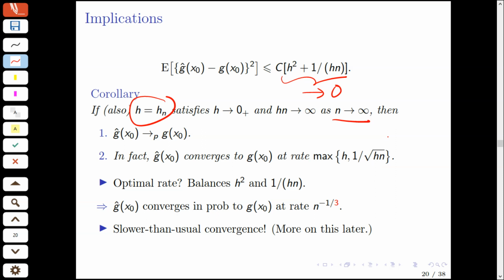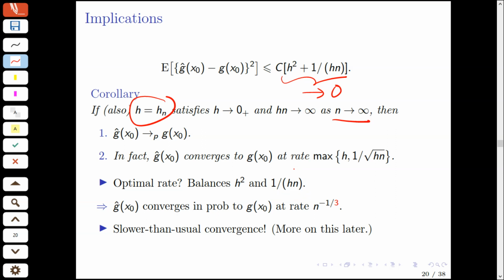Well, with this observation in mind, we could think about using our mean squared error bound in order to determine the optimal rate. And this rate would balance the two contributions from our mean squared error bound. So the optimal rate arises from choosing our bandwidth, h, in such a way that the square of the bandwidth and 1 over the effective sample size go to 0 at an equal pace.